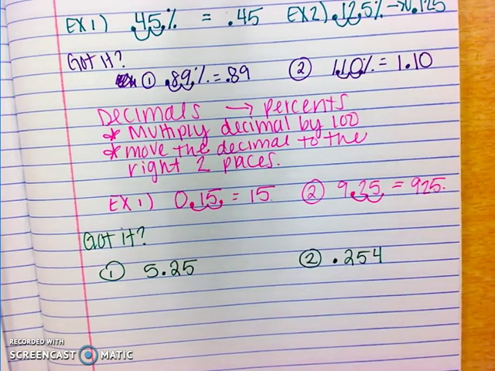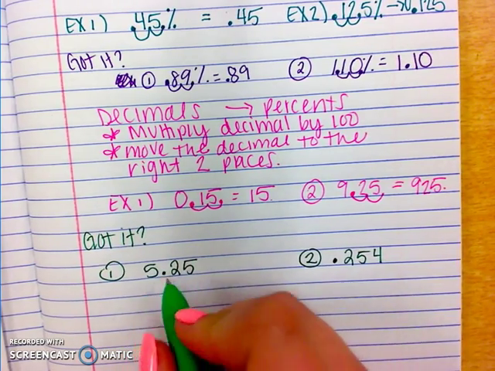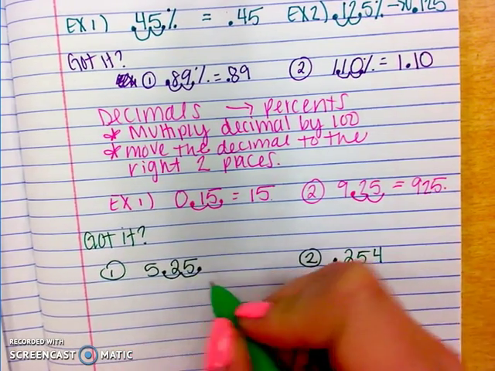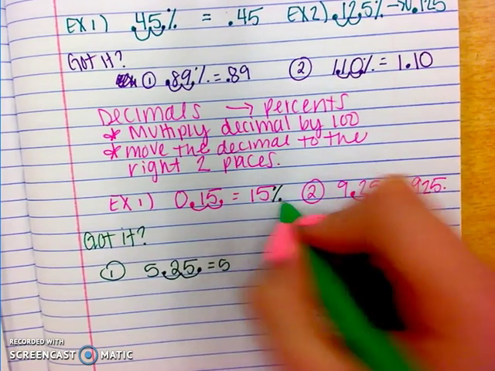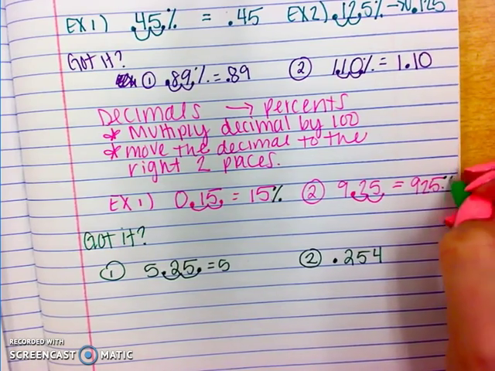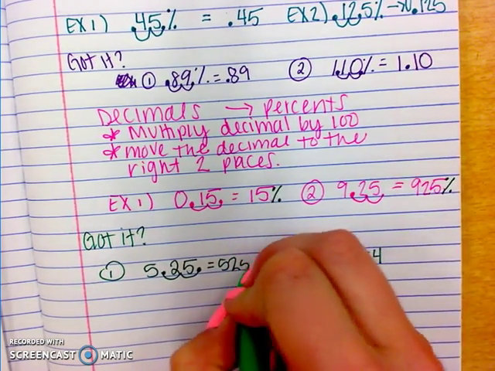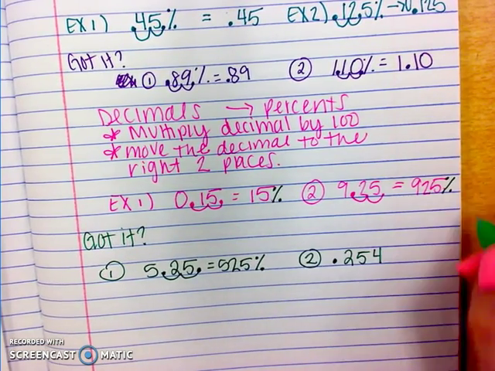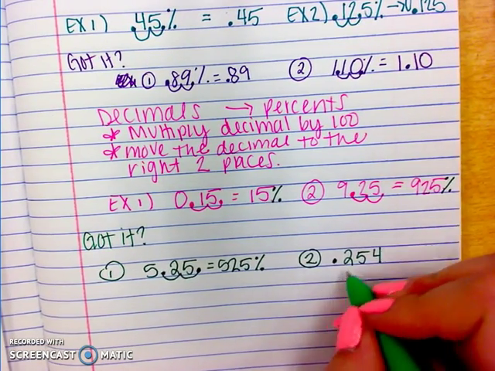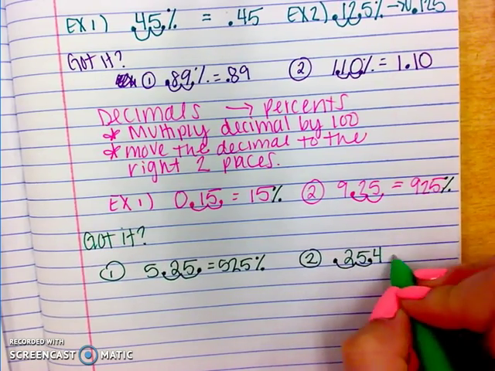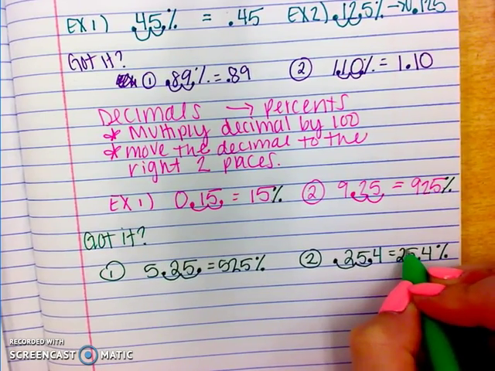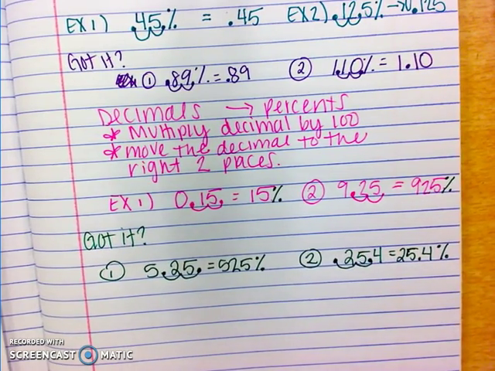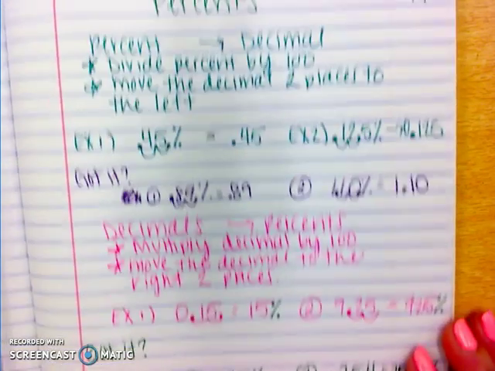Okay, pause the video, try those. Okay, so now what we see is that I'm moving my decimal 2 places to the right. So my new number is 500. Oh, and this should be a percent. I don't know why I did not put percents here and here. Look at me, 525%. Take the decimal 2 places to the right. I have 25.4%. And that was just a brief review of percents.